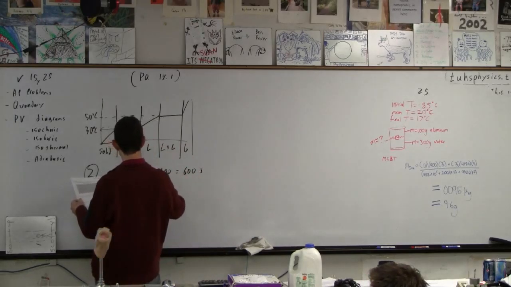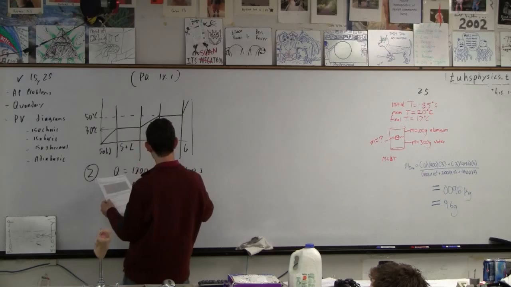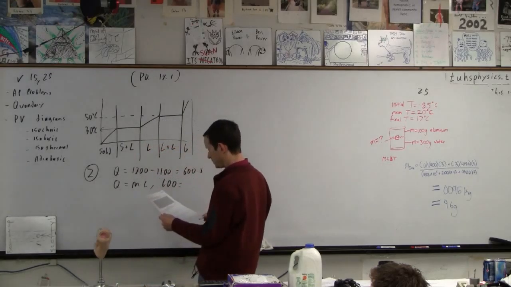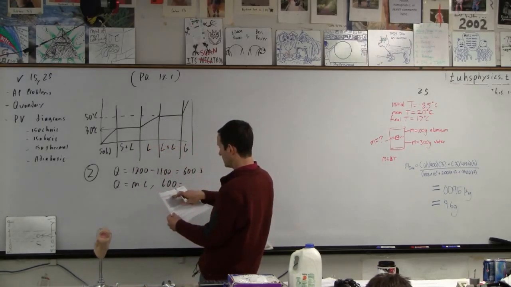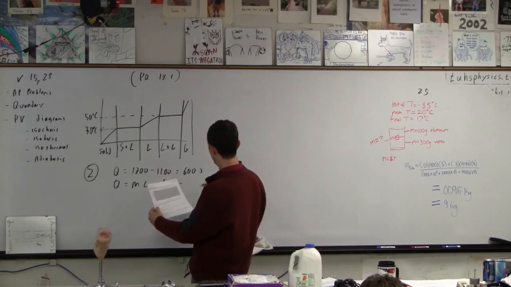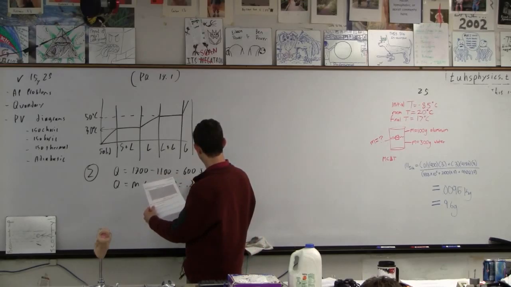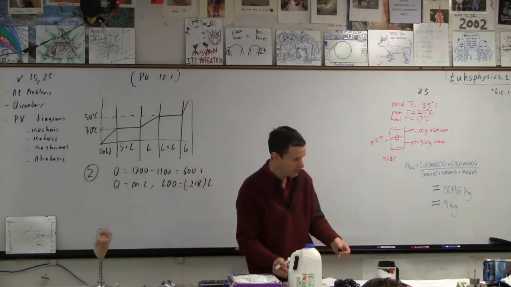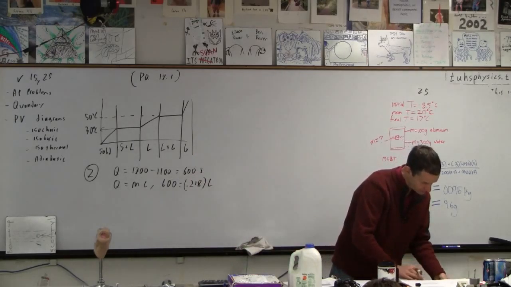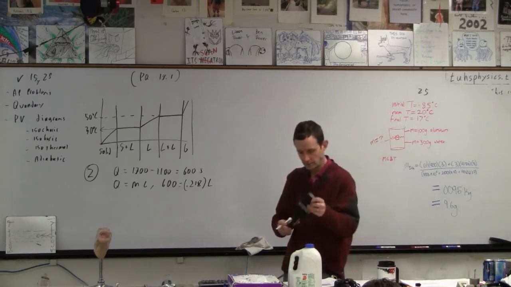Q equals mL, right? So 600 equals, what's our mass? It's right there on the top of the page. So 0.218 times L, and then we can divide that.